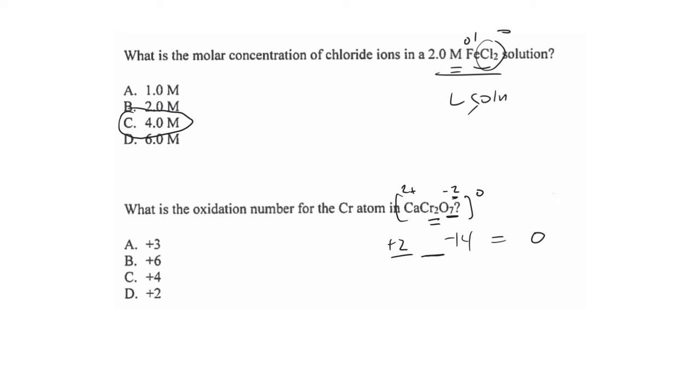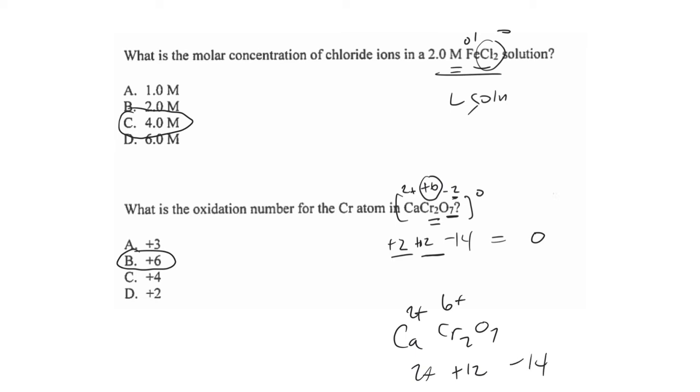So sum to 0. So plus 2 plus 12 for the 2 chromiums. 2 chromiums divide out that plus 12, so plus 6 each. So the oxidation number of chromium is plus 6. So again, 6 plus. So we go 2 plus 12 minus 14 equals 0 as our check.